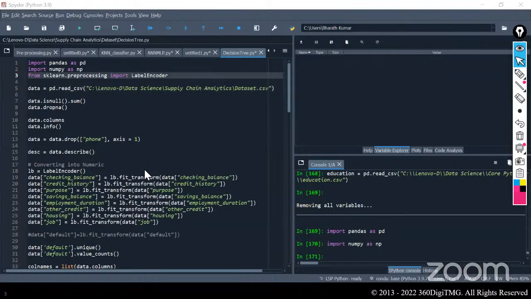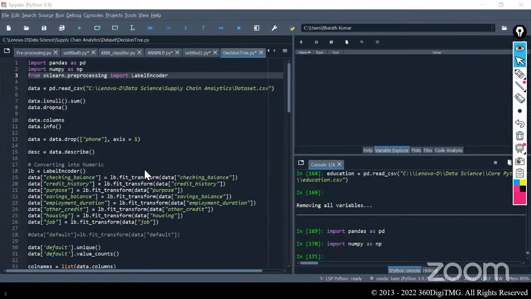I will copy the path and then let me get the data quickly. So always remember to replace your backward slash with forward slash.